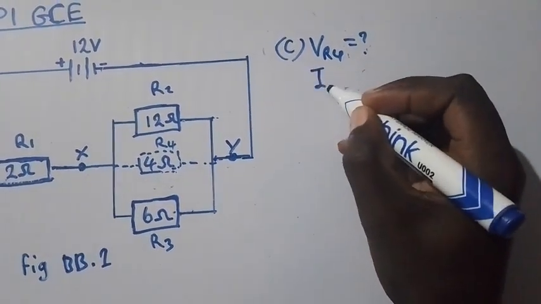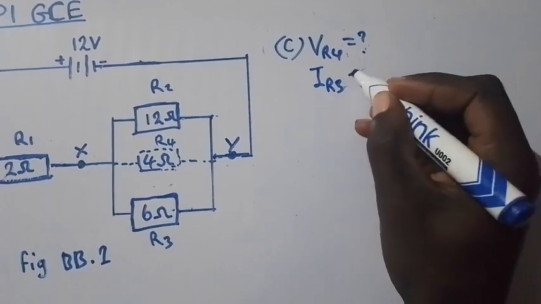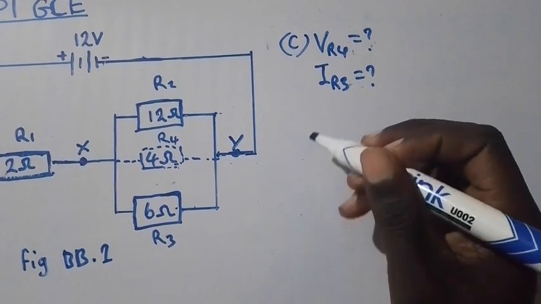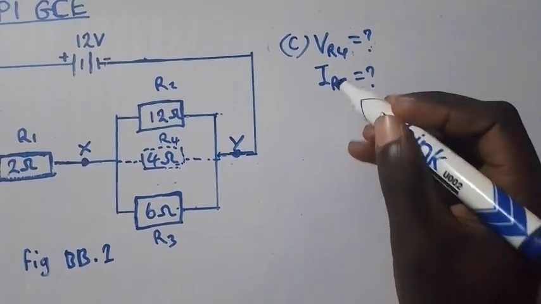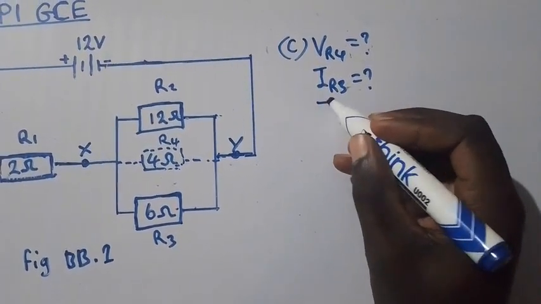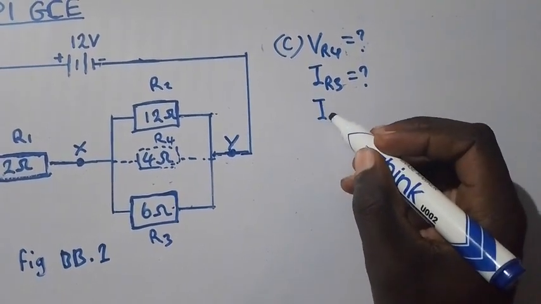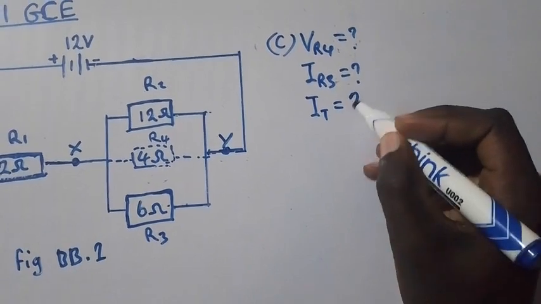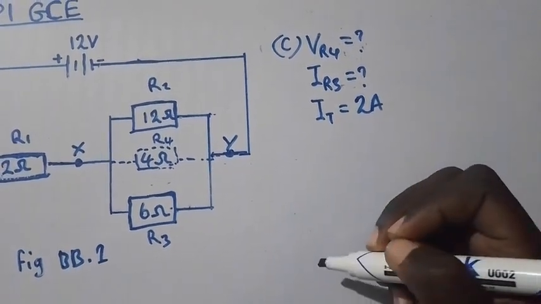What we are calculating is current passing through resistor 3. And we have current total, which is equal to 2 amps.